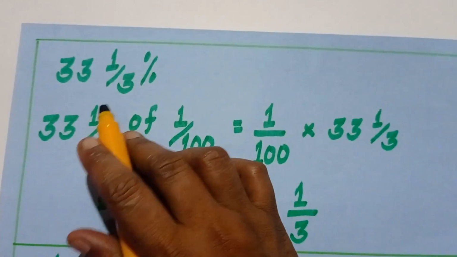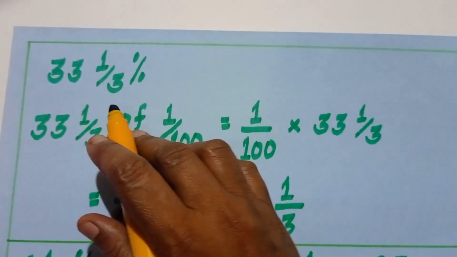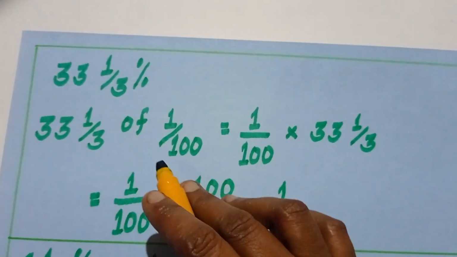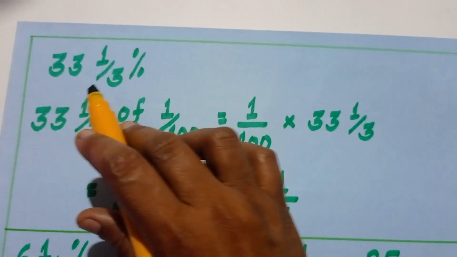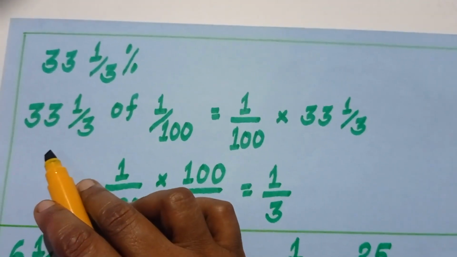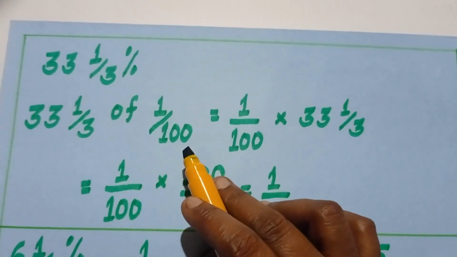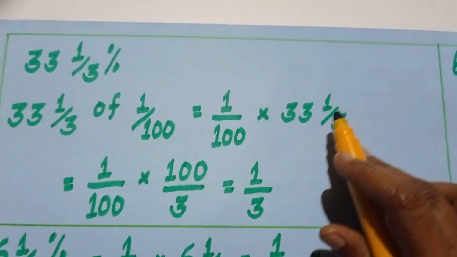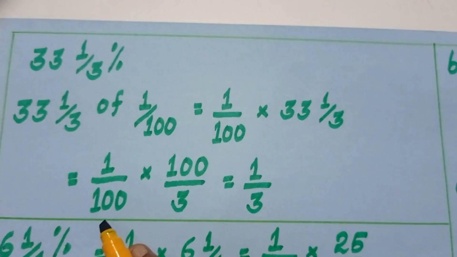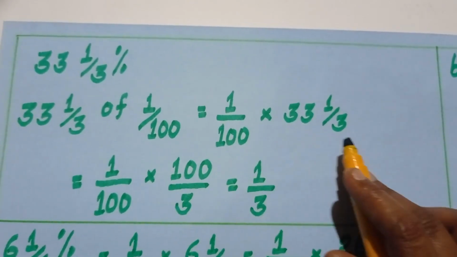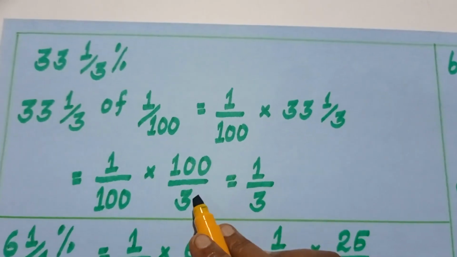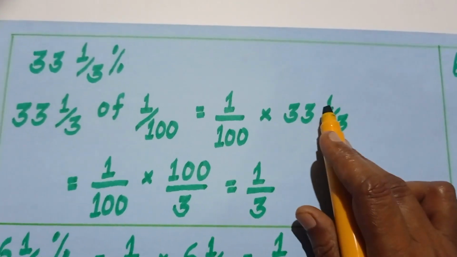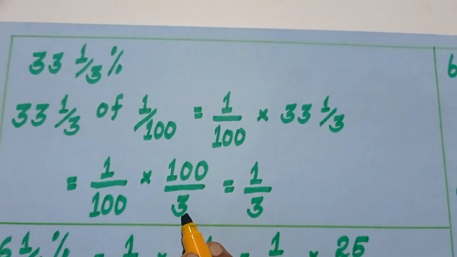What does 33 and 1 by 3% mean? That is 33 1 by 3 of 1 by 100. Then 1 by 100 into 33 1 by 3. 33 1 by 3 can be written as 100 by 3, as 33 into 3 is 99, 99 plus 1 is 100, so 100 by 3.